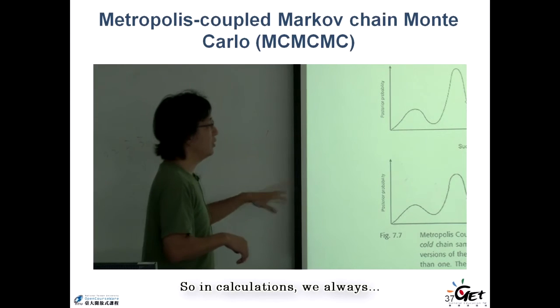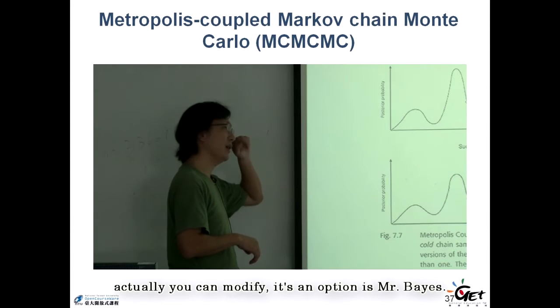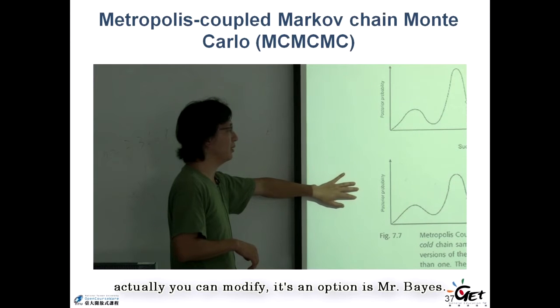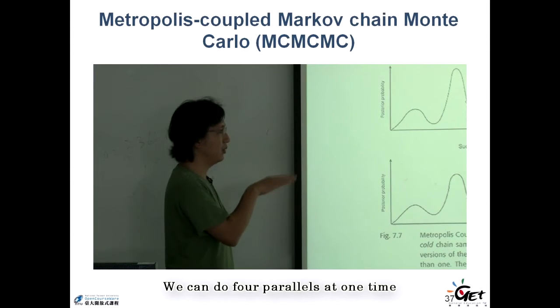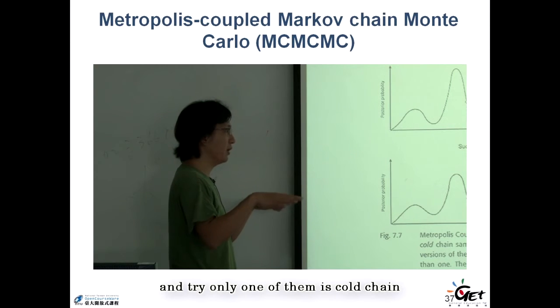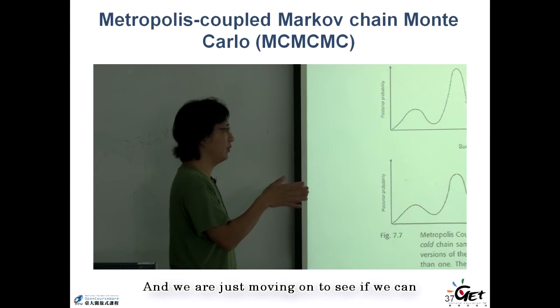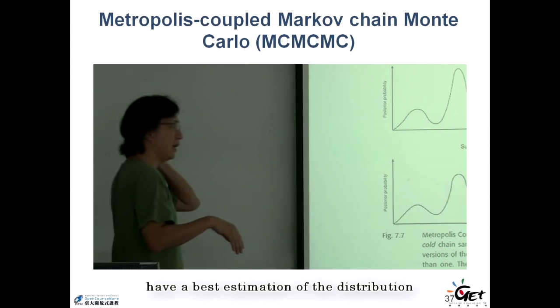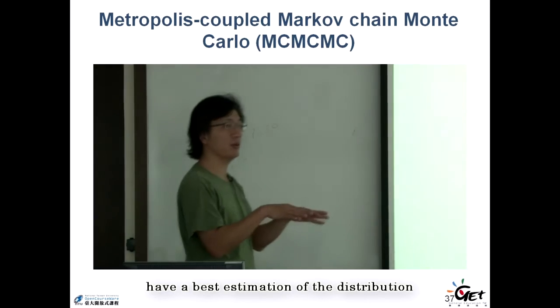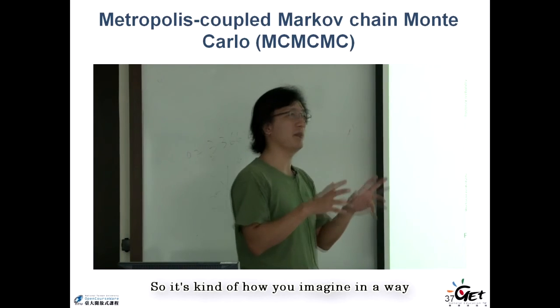So in calculations, you can modify it, it's an option in MrBayes. We can do 4 parallel chains at one time, and only one of them is the cold chain, and we just keep moving on to see if we can get the best estimation of the distribution. It's kind of hard to imagine in a way.